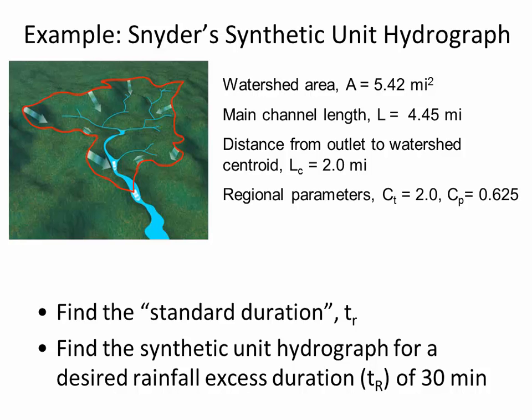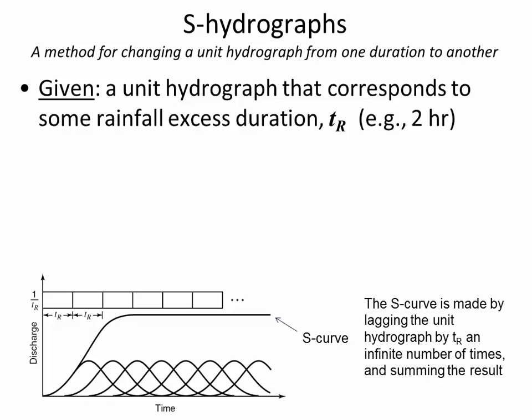All right, the other thing that we're going to do today is learn about what's called an S-hydrograph. The purpose of an S-hydrograph is for when you're given a unit hydrograph and it's not a Snyder unit hydrograph. The Snyder unit hydrograph has its own way for adjusting storm durations, but if you had a unit hydrograph that was based on actual data from the field, like the kind of thing that we did in the last class period, but it is based on a storm duration that you need to change.